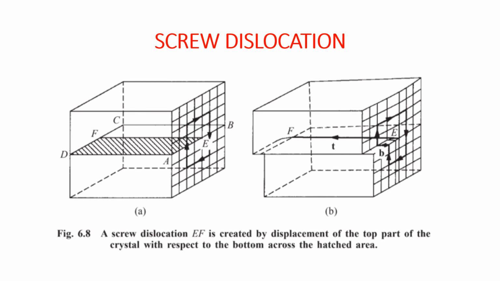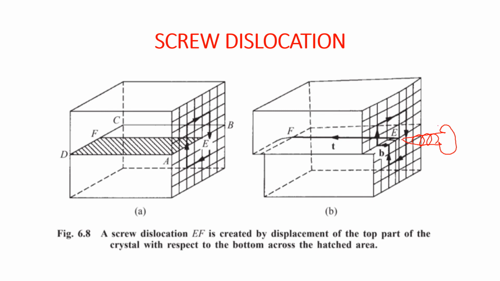Now let us see how to draw the Burgers circuit and Burgers vector here. As we discussed, to draw the Burgers circuit, just imagine we keep a screw here. This is a right hand screw.